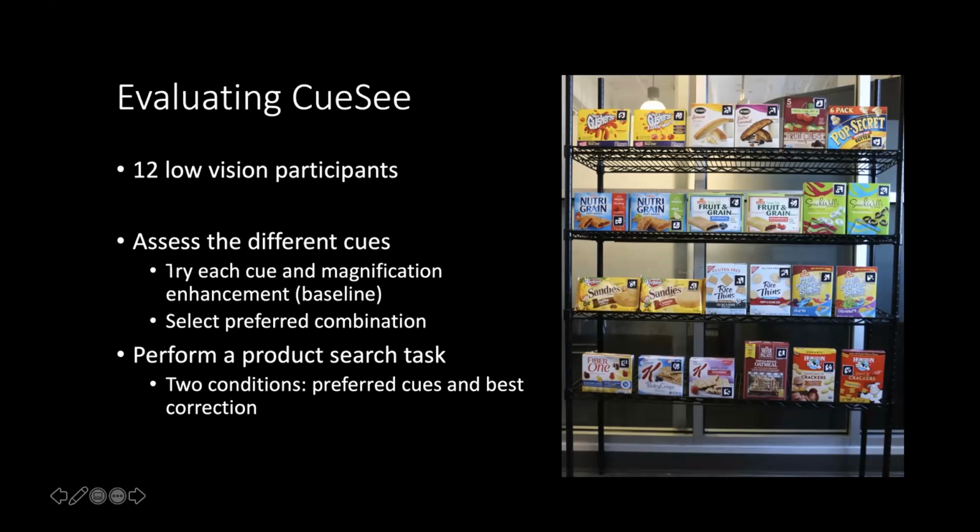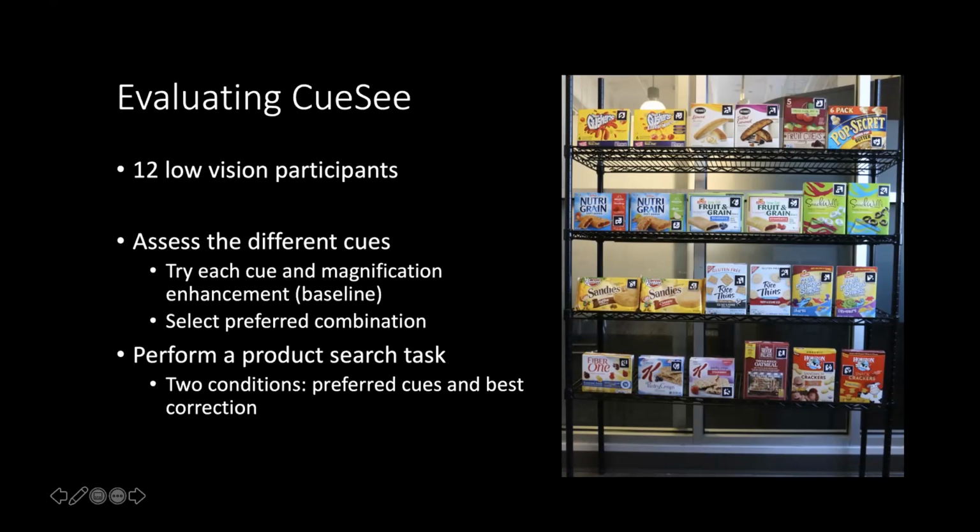So we allowed participants to try each cue and to try the magnification enhancement, which was our baseline. And they tried each cue and then they were able to select their preferred combination. The cues, as I said, could be combined, and that was done intentionally so this could accommodate participants with different types of low vision.